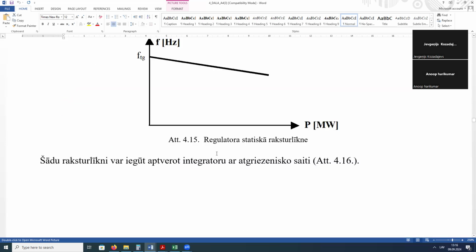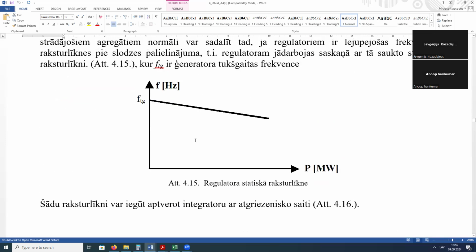And here we have this curve called the statism curve. It means that the change in frequency is equal to the change in power. What change in frequency corresponds to what change in power.